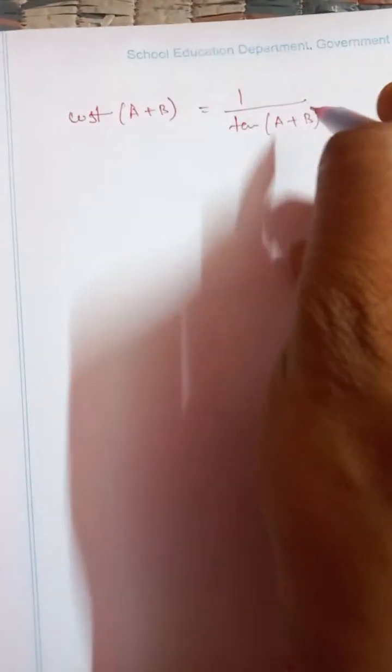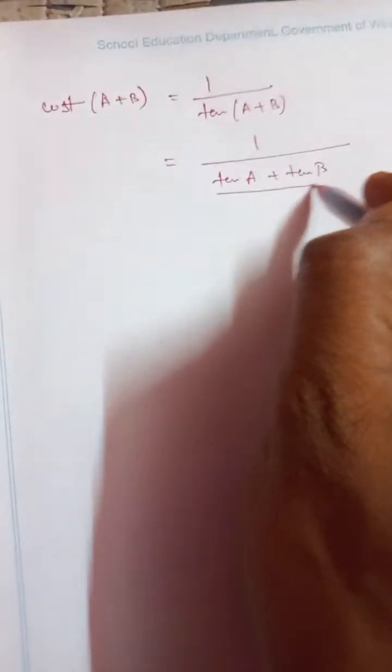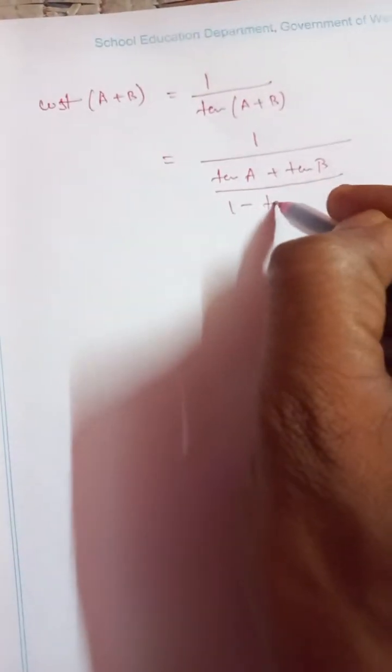Cot(a plus b) will be 1 by tan(a plus b), which is 1 by tan a plus tan b by 1 minus tan a tan b.